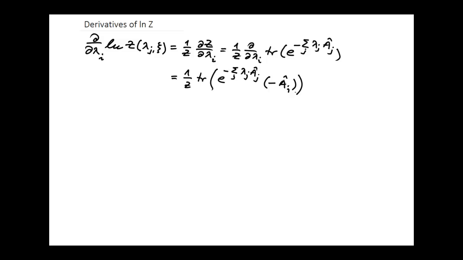Now you have to be a bit more careful when the A_i don't commute. Then when you take the derivative of an exponential, and in the exponential you have several observables that don't commute with each other, then the expression is a bit more complicated, and it's not just the exponential times the inner derivative of the exponent, but it's a more complicated expression.